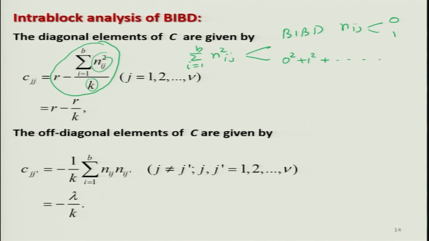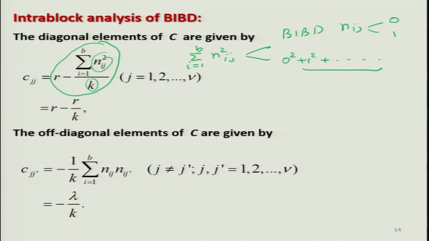So, only these ones are going to appear in this complete sum. Now the question is, how many ones are going to be there? We are assuming that nij equal to 1 indicates that the treatment is present in the block, and 0 indicates that the treatment is absent in the block.